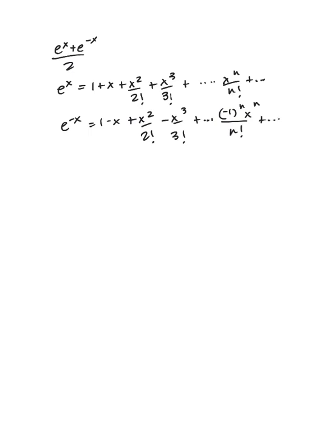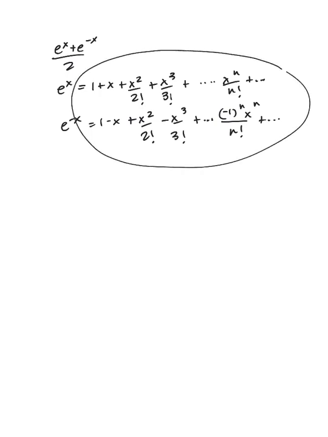Okay, so now we're going to add these together. Look at what's going to happen. You're going to get e to the x plus e to the negative x is going to be 2. All the odd terms are going to cancel out, kids. Plus 2x squared over 2 factorial, right?